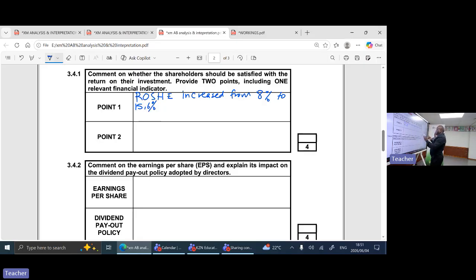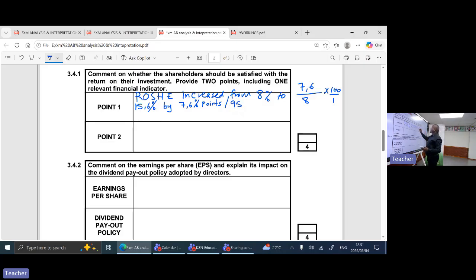Firstly, the difference. 15.6 minus 8. It increased by 7.6 percentage points. Or relative increase: 7.6, which is the difference, over the before increase, which is 8%. It's going to be a very big difference here. So 7.6 over 8 times 100, I'm getting 95%.